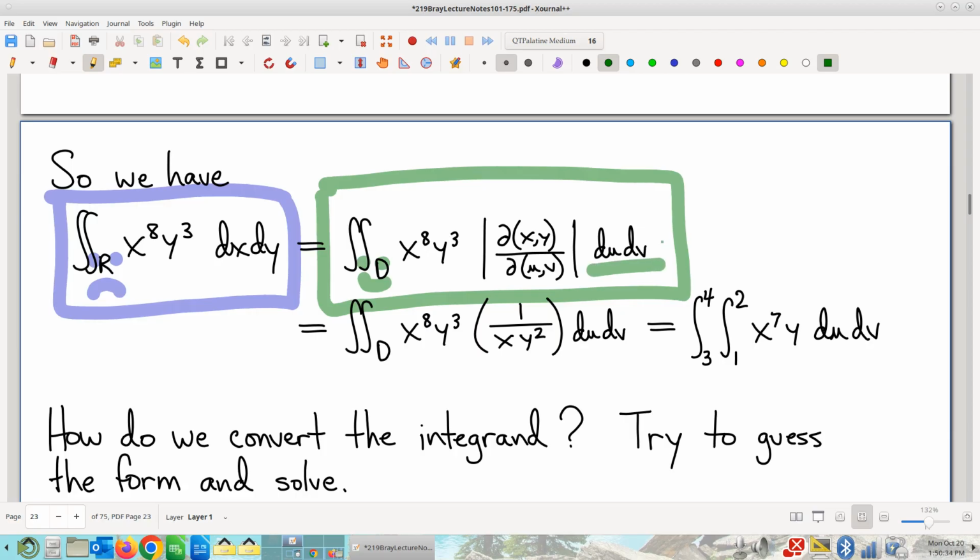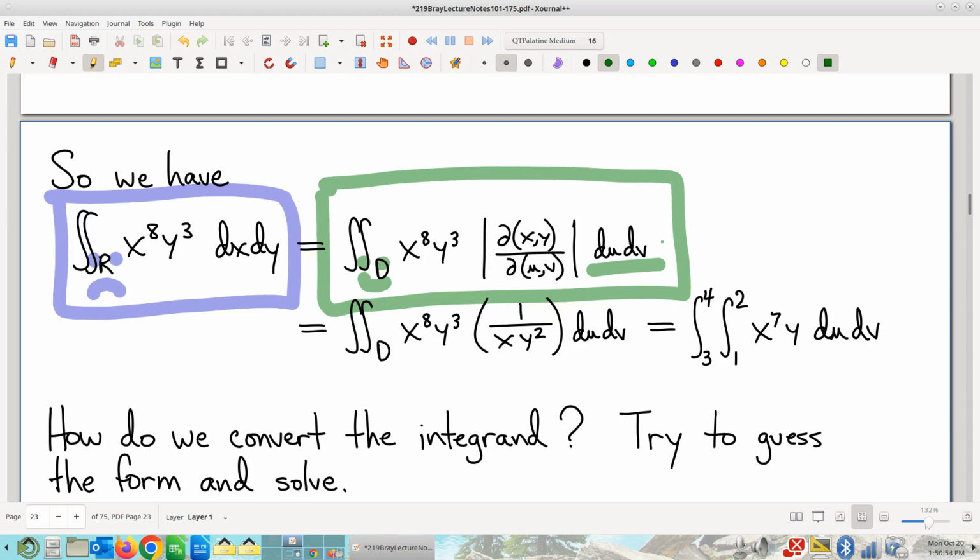So we're trying to take our xy integral that we were given and turn it into a UV integral, where we know the domain is awesome.